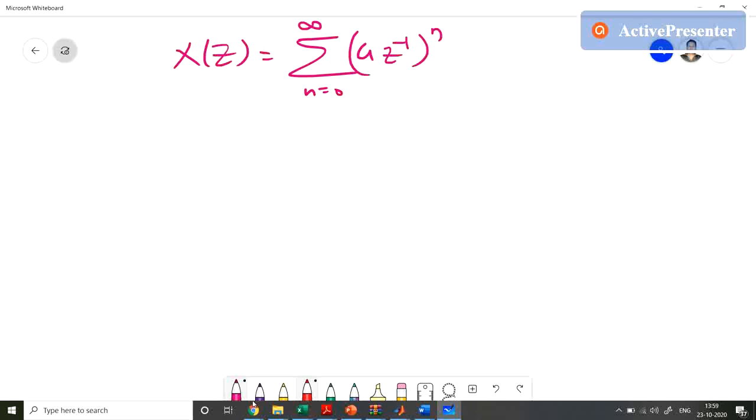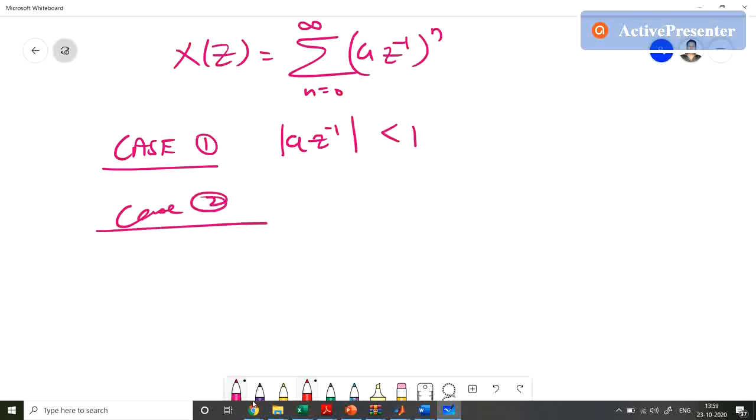So X(z) is the summation from n equals 0 to infinity of (a z inverse) raised to the power n. Now in which case will the series converge? We have two cases. Case 1, the magnitude of this quantity is less than 1, and case 2, the magnitude of this quantity is greater than 1. In which case will the series converge and in which case will it diverge?